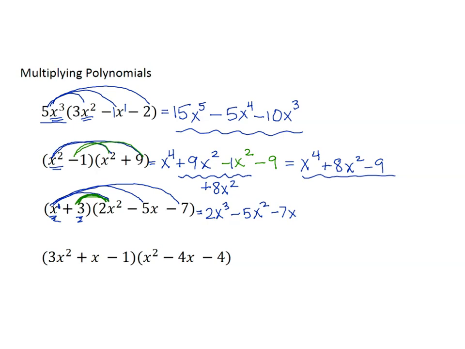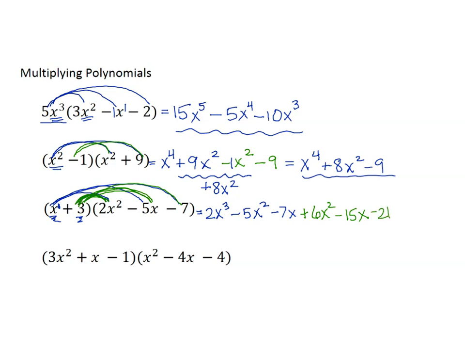So 3 times 2 will give me 6, and that will be x squared. Then I've got 3 times negative 5x, so 3 times negative 5 is negative 15, and I'll have an x on there. And then 3 times negative 7 is negative 21.